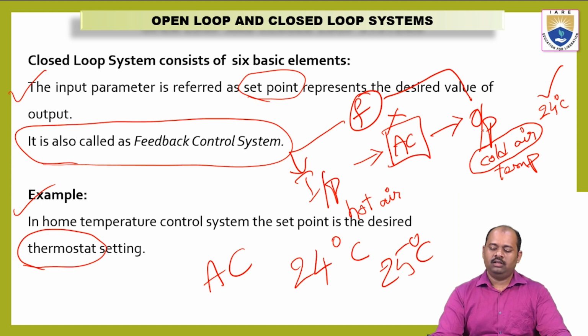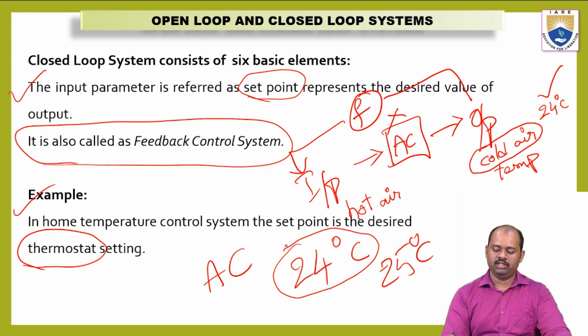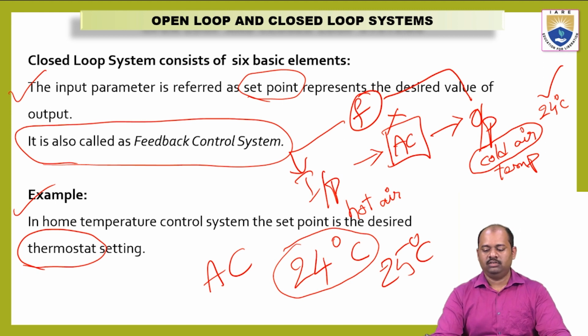Again, the thermostat is the sensor. This thermostat will sense the temperature of the room and it states that the temperature of the room is 25 degrees centigrade, but the given value is 24 degrees centigrade. Because it is more than the required temperature, it will again turn on the AC machine so as to cool the room.